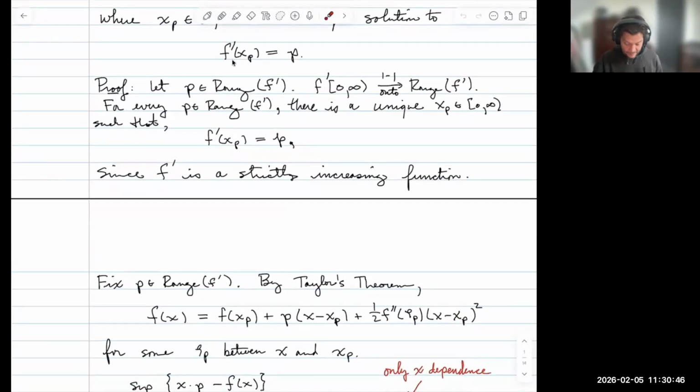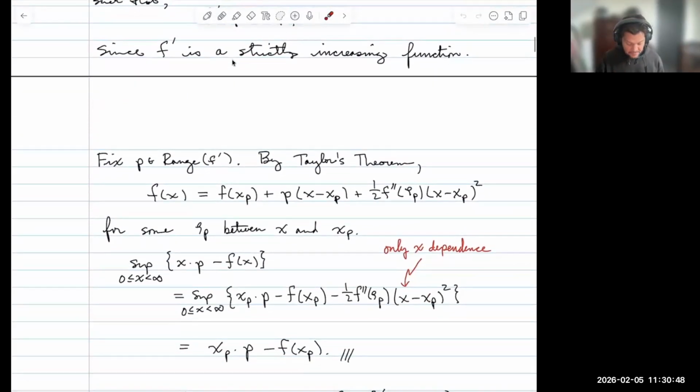Now, let's fix p in the range of f prime. We don't know what the range of f prime is a priori. We're just going to assume that it is something available to us. Now let's use Taylor's theorem. So for every x, and where's this x coming from?